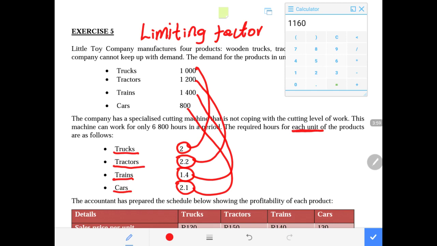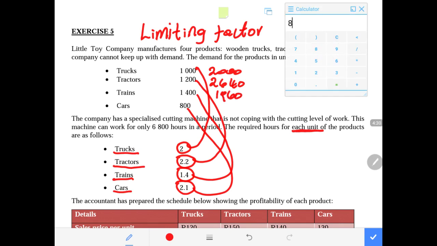So we continuously multiply: 1,000 times 2 means the company requires 2,000 hours to complete 1,000 units of trucks. Then 1,200 times 2.2 gives us 2,640 hours, and 1,400 times 1.4 is 1,960 hours.